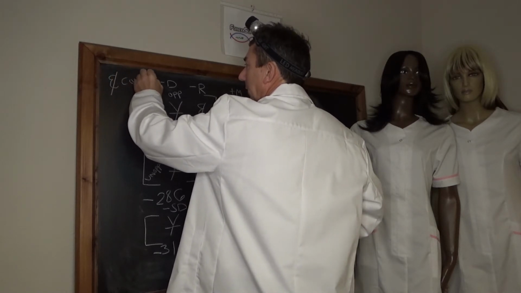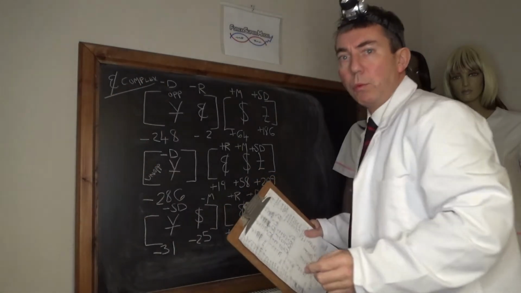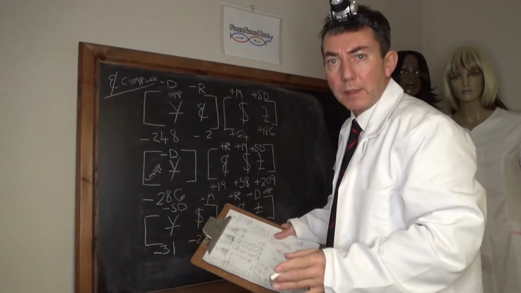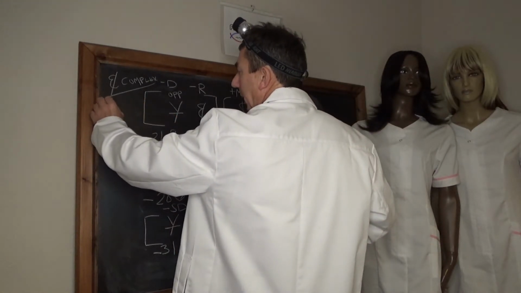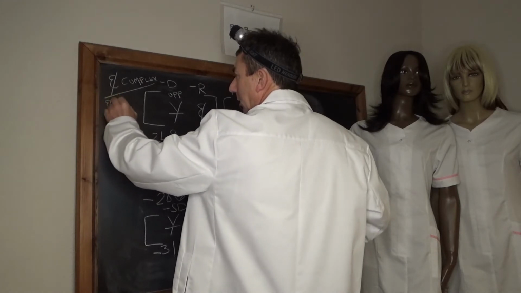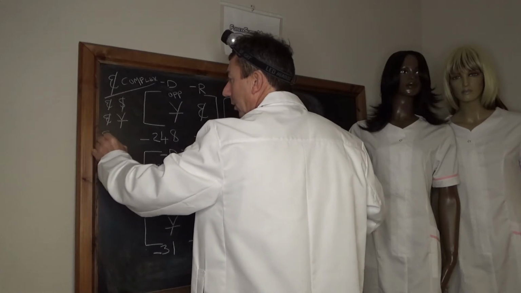Complex, if I can spell that right. So the euro complex is in play. So particularly of interest will be the euro complex pairs, which will be euro dollar, euro yen, and euro pound.